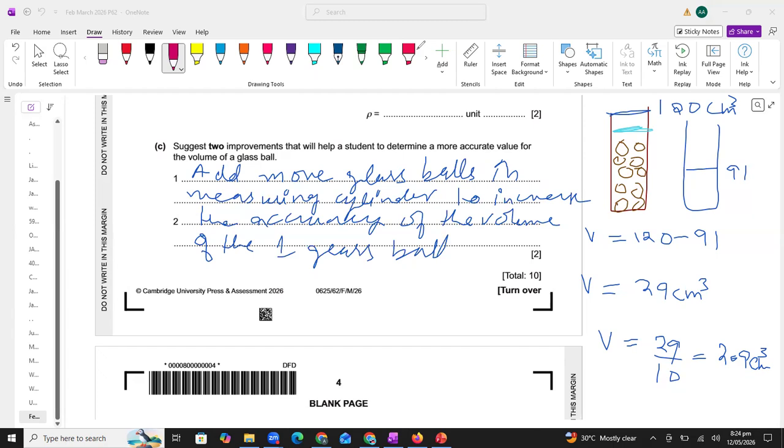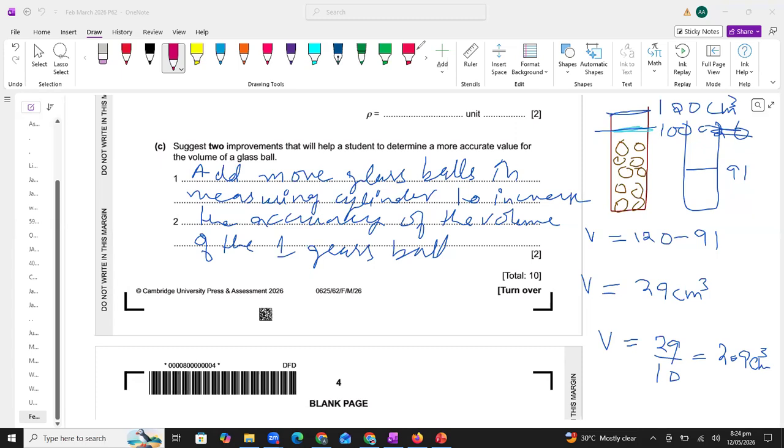For example, if I get this volume, it should be 100.20 centimeter cube, but it will not give us the reading in decimal places. So it will not give us a more accurate reading.